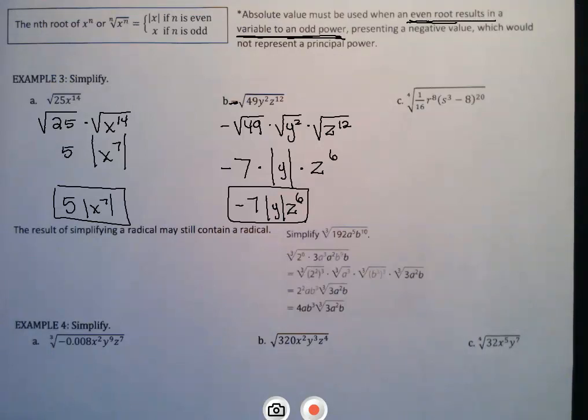Okay, we can go back to where I had before. So the 4th root of 1/16 times the 4th root of r to the 8th.